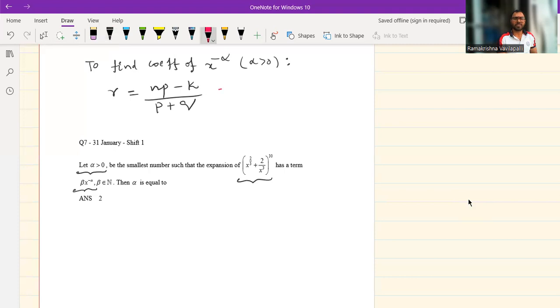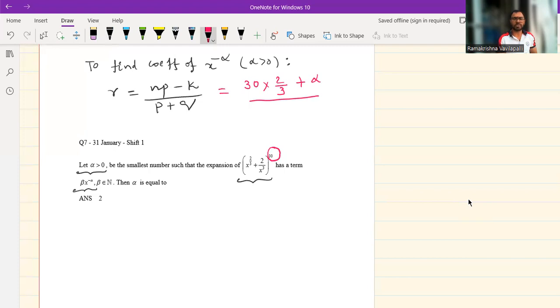Right. So this is equal to, here what is n value? 30. So n equal to 30. P value is 2 by 3. So into 2 by 3 minus, here k is nothing but minus alpha. So you will get plus alpha whole by, what is q value? 3.